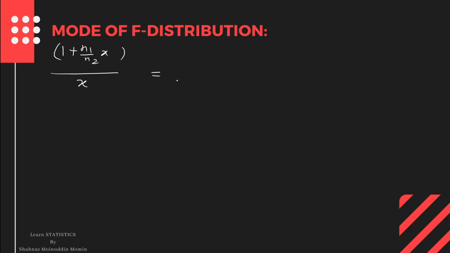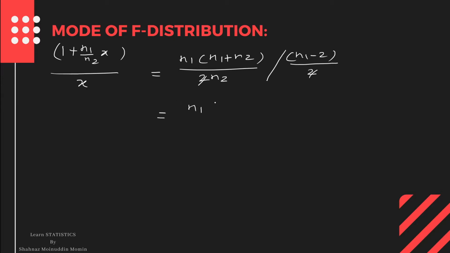I am collecting the terms containing x on the left side and constant terms on the right side. Here (n1 plus n2) upon twice n2, divided by (n1 minus 2) upon 2, this 2 gets cancelled and this is equal to (n1 plus n2) divided by n2 into (n1 minus 2).